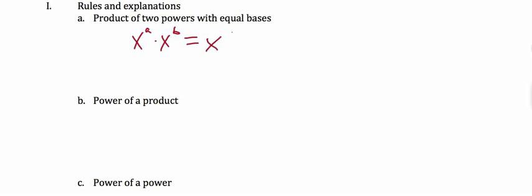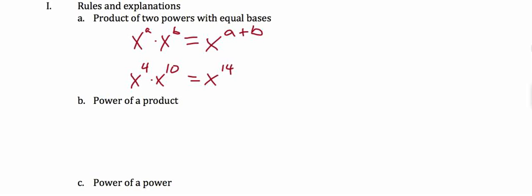We should be able to rewrite that as x to the a plus b. A specific example of that would be this: x to the fourth times x to the 10th is equal to x to the 14th. You add the exponents when you're multiplying two powers with the same base.